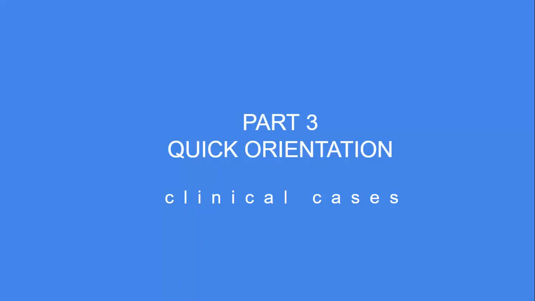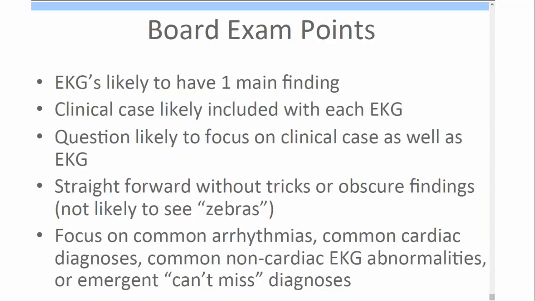So now we'll jump right into the official Part 3 orientation to the clinical cases. So again, we talked about board exam points, having one main finding. The clinical case is likely included with each EKG. As we said last time, there's going to be a clinical case.